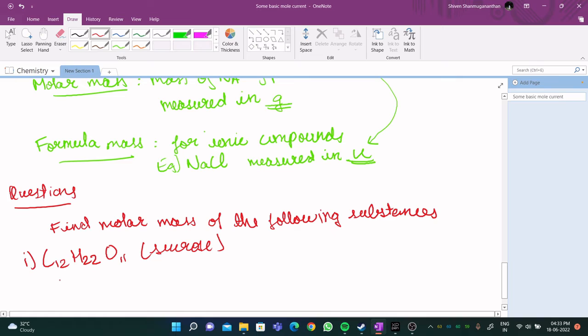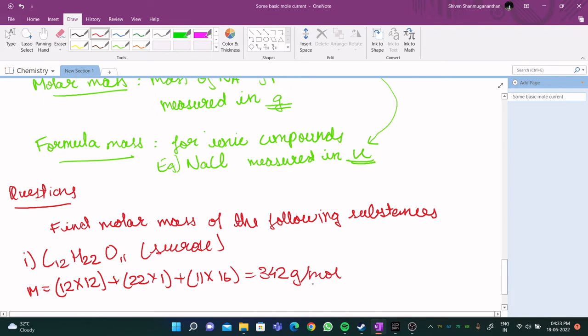Now, to find the molar mass of this substance: molar mass is equal to 12 carbon atoms whose mass is 12, plus 22 hydrogen atoms whose mass is 1, plus 11 oxygen atoms whose mass is 16. If you work this out, we get 342 grams per mole. So 1 mole of sucrose will weigh this much. That's a lot. We'll do another example.